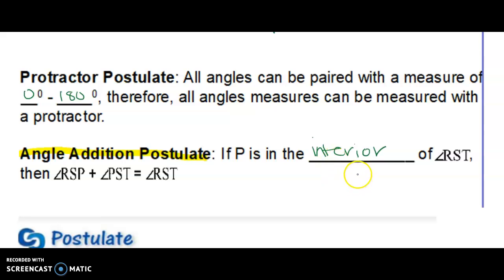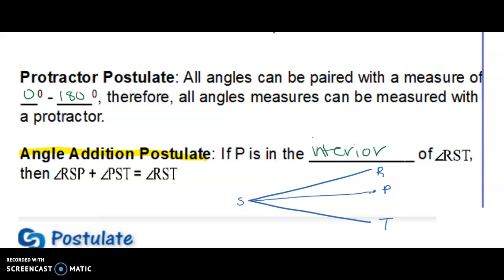So if P is in the interior of angle RST, let's draw angle RST first. So here's R, this is S, this is T, and P is somewhere here in the middle.